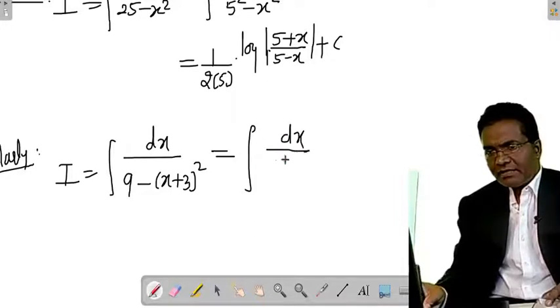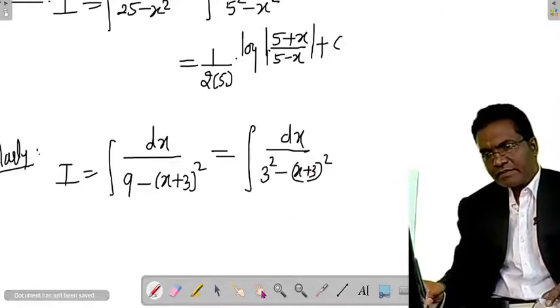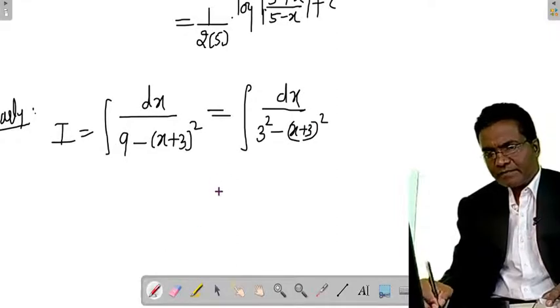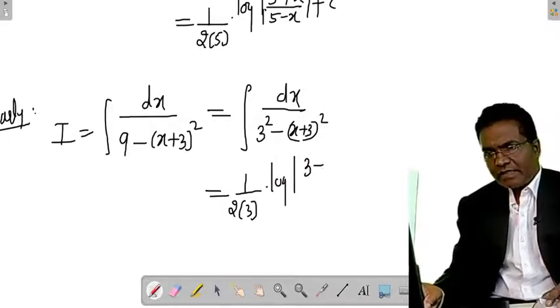It can be written as 3 square minus x plus 3 whole square. So directly you can write 1 by 2a, 2 into 3, log of a plus x, meaning x plus 3, divided by a minus x.